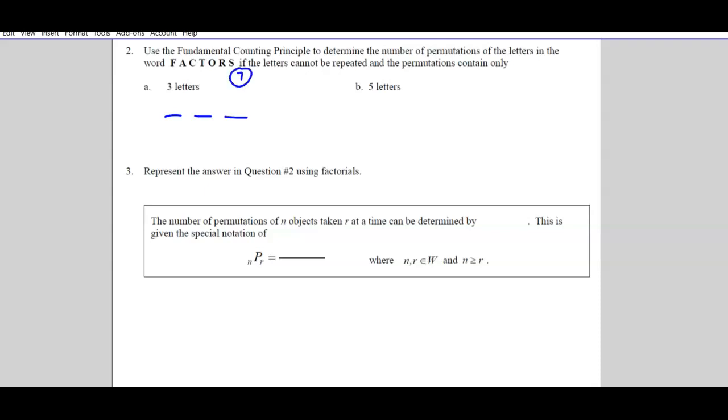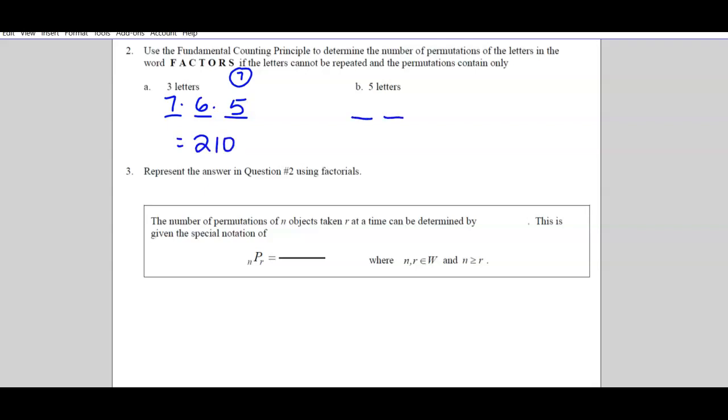If I show here 3 letters, count up the number of letters, that's 7. So think about for a 3-letter word, we have 7 possibilities for the first one. We've used 1 up, 6. Now we've used 2 up, 5. So that is the number of possible arrangements of 3 letters out of those 7. So what's that? 210. You can do that in your head.